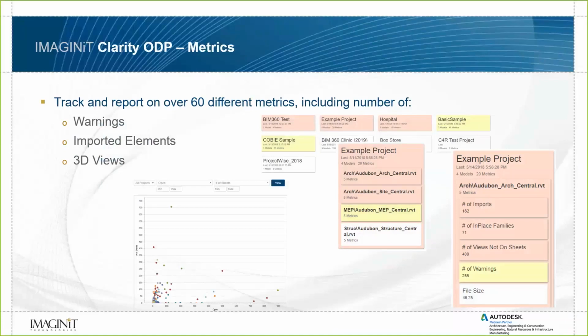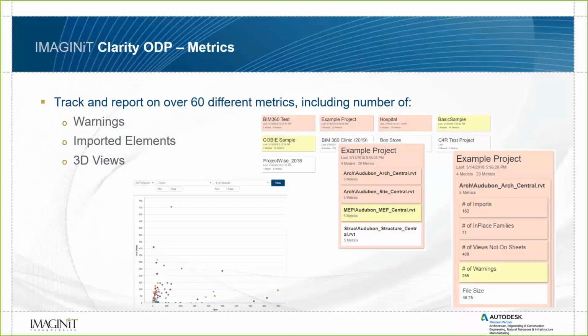If there were not so many 3D views, that project has legitimately moved on to later stages of design development or construction documentation, whatever it might happen to be. There's all sorts of things that are out there. Over 60 different pieces of information that we can extract about the Revit file that you can utilize. You won't use them all, but for the ones that matter, let's grab it and go.